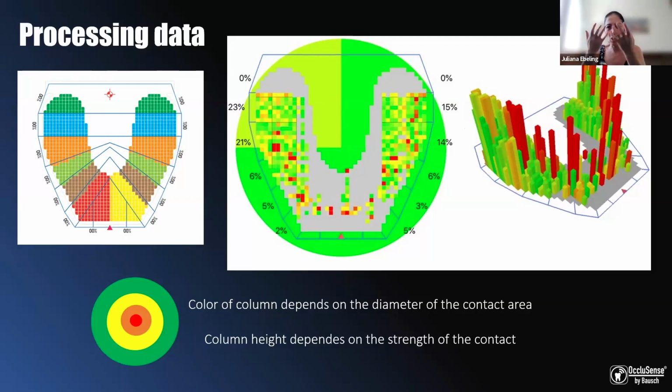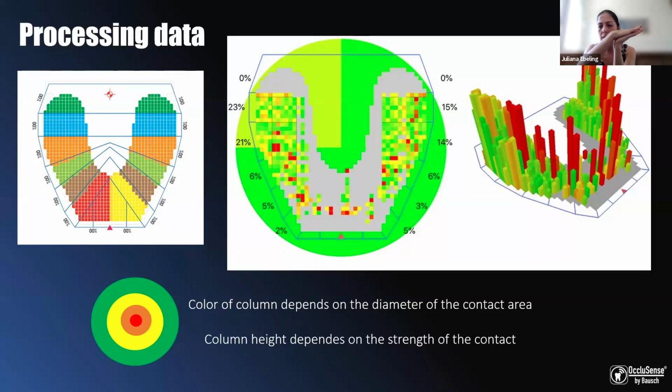What is each piece of information in this graphic? So the colors are the size of the contact between these two electrode sheets. And the height of this column is the intensity with which this contact happens. So when these electrodes touch, they start to cross electrons through this system.